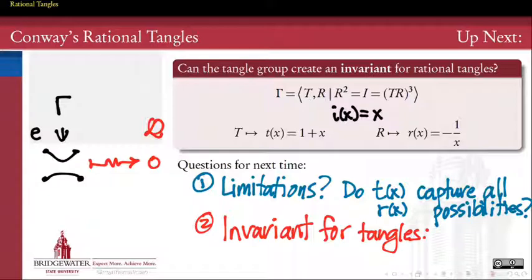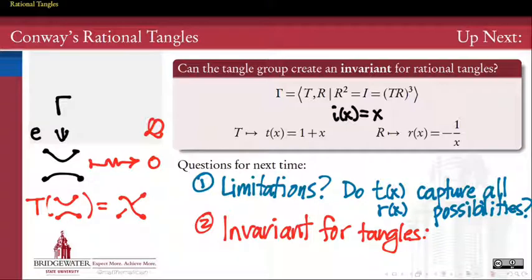So if I call my empty tangle 0, then I can identify the number of any other tangle just by applying t to each of these. Sorry, I don't want to use little t here. I want to use capital T, right? If I apply capital T to this tangle, I'm going to get this twisted up tangle.